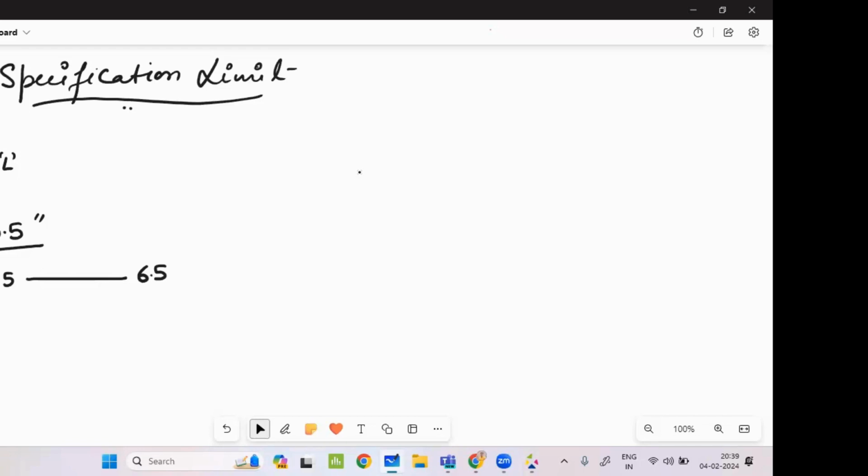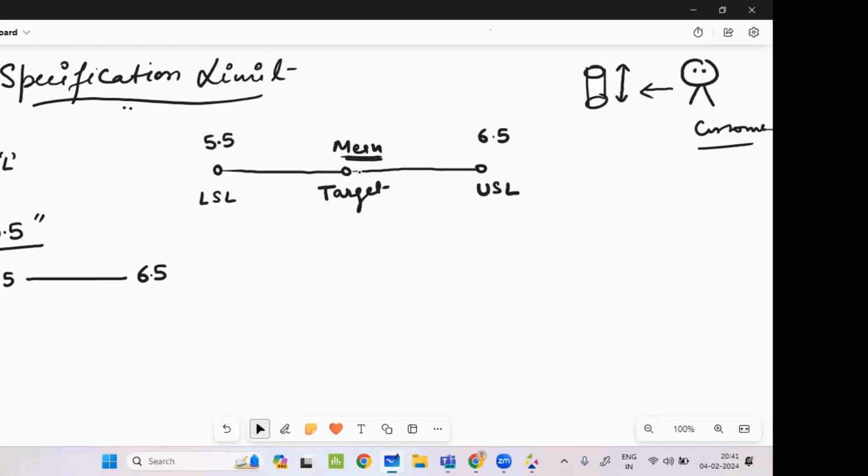Typically a specification limit has 3 points. Mean is typically the average of all the products which we can sample. But as of now, everything is only in discussion, so how can you compute the mean? The process has not started.